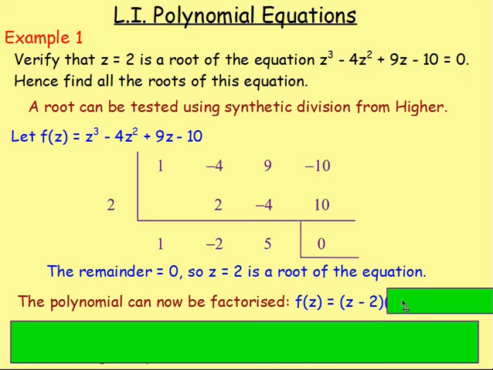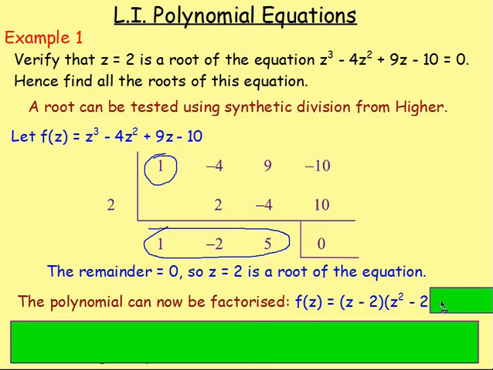And with the other bracket, you get the coefficients just from the bottom row down here, as I'm sure you remember from Higher. Because this up here was z cubed, if we take 1 off the power, this will be the coefficient of z squared. So we would have 1z squared. Working our way along, this will be the coefficient of z, so we would have take away 2z. And our 5 would just be the number on the end. Because it's a positive 5, it would be plus 5.